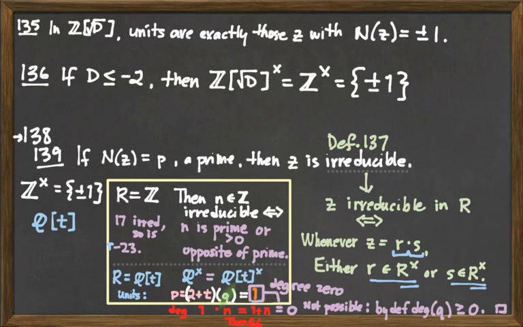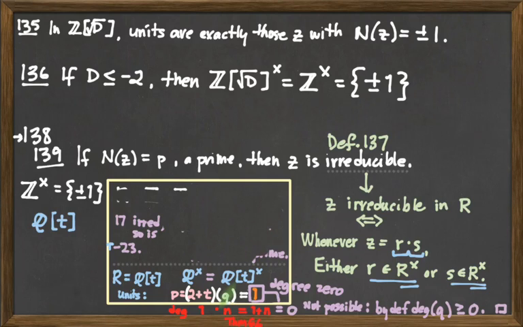Maybe that's another way to go with this. I'd like to know, how are we going to decide whether a polynomial with rational coefficients is irreducible? It's not a question we'll be able to answer definitively today. We need a little bit more tools at our disposal for it. But let's see if we can decide on some examples.